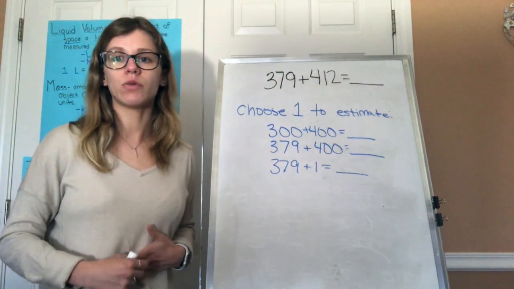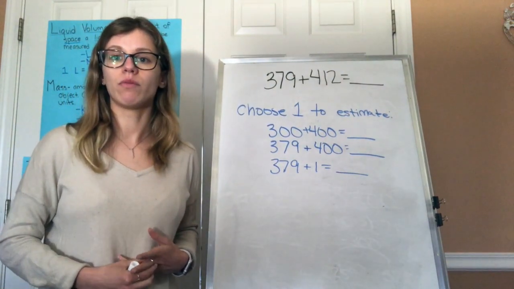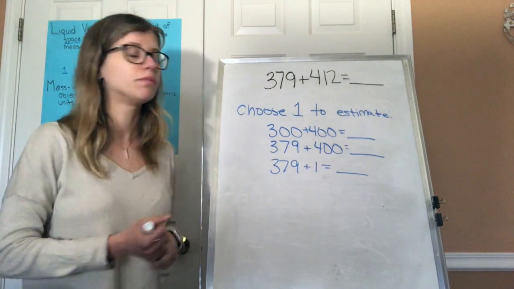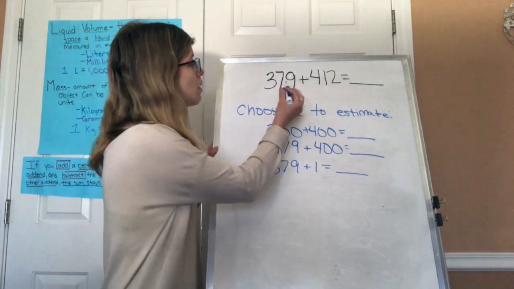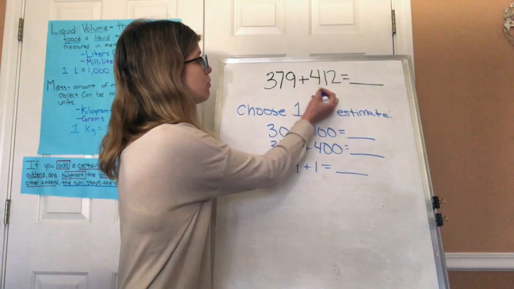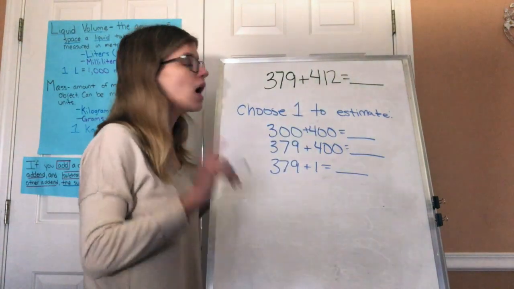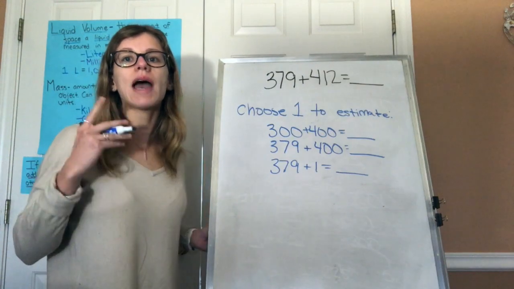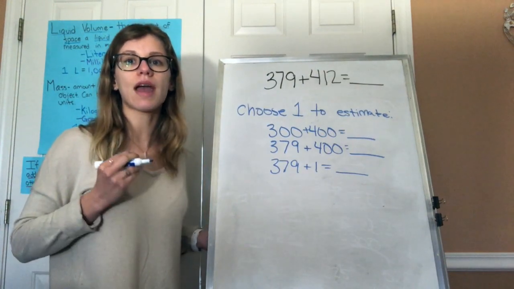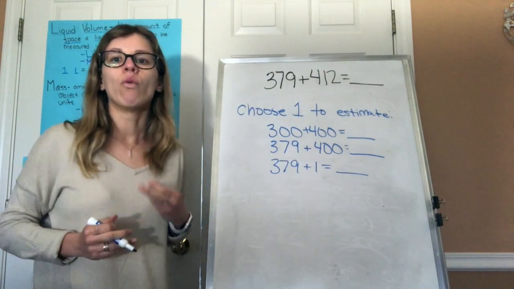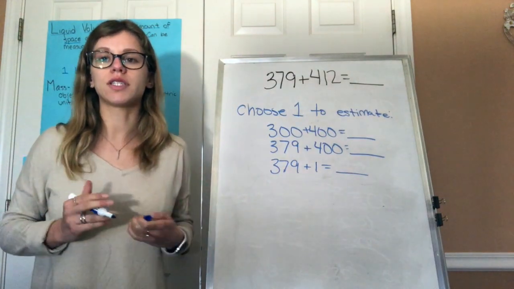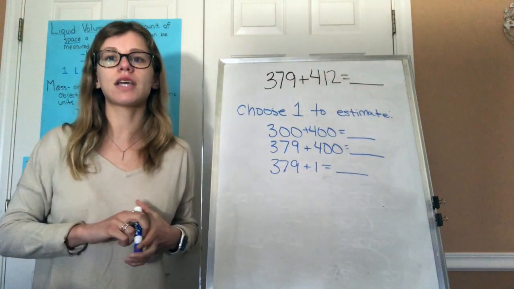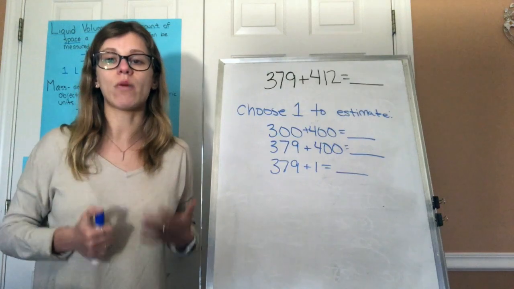We're going to continue with this idea of estimating addition problems. So my problem up here is 379 plus 412. I don't want you to solve this problem just yet. I want you to think about how many hundreds this answer will have. When I'm thinking about how many hundreds this answer will have, what do I need to be paying attention to in order to know how many hundreds?